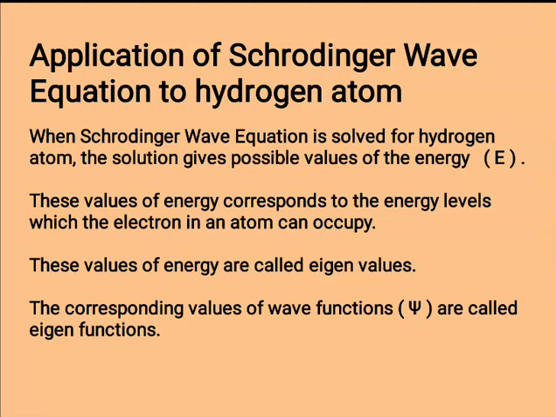When Schrödinger wave equation is solved for hydrogen atom, the solution gives possible values of energy, that is E, and these values of energy correspond to the energy levels which the electron in an atom can occupy. These values of energies are called eigenvalues, and corresponding values of wave function are called eigenfunctions.